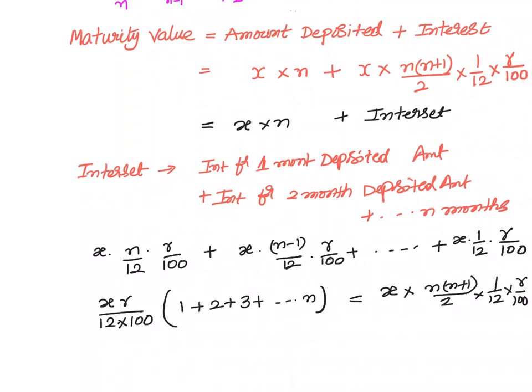That is how the formula for the interest is derived. Once we got the formula for interest, we can go back and substitute maturity value equal to amount deposited X into n plus interest, which is equal to X into n plus X into n into n plus 1 by 2 into 1 by 12 into R by 100. So those are some problems related to banking recurring deposit.